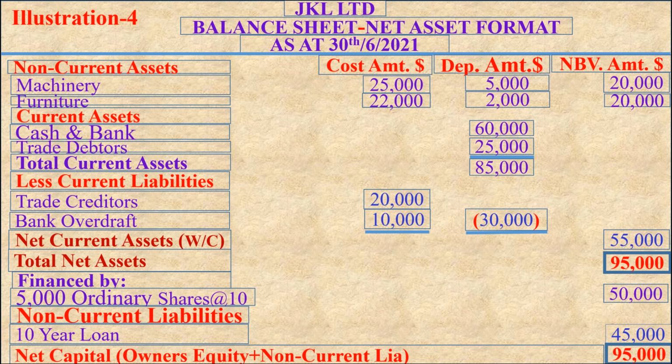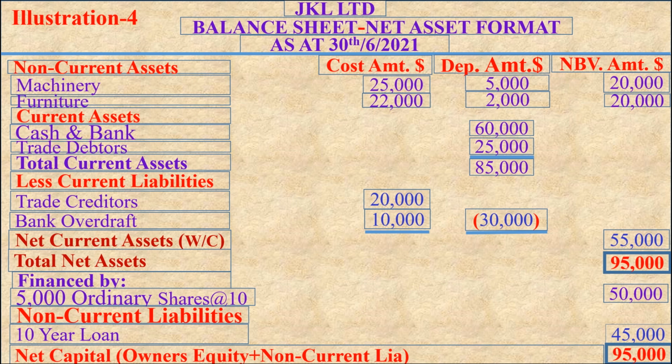So out of this 85,000, we less current liabilities, which include trade creditors and the bank overdraft, which were represented by 20,000 and 10,000 US dollars respectively. When summed up, we get 30,000.